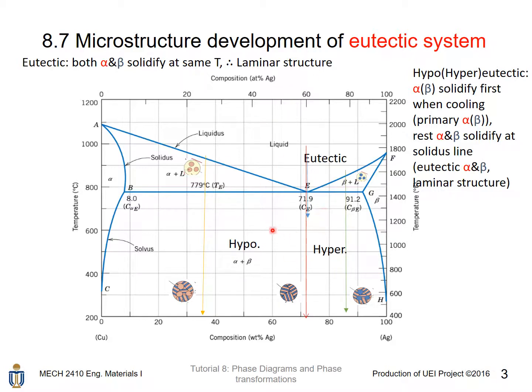What if there is slightly more alpha phase or beta phase?